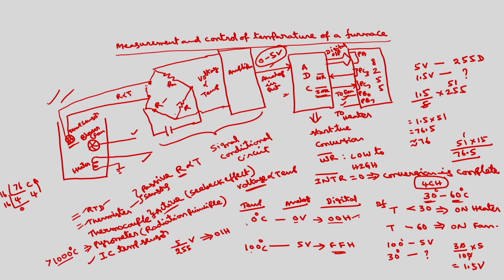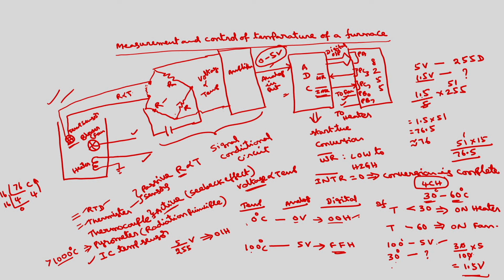Similarly, what is the hexadecimal equivalent corresponding to 60 degrees? 100 degrees is 5 volts, 30 degrees is this, and 60 degrees will be twice this, so 3 volts.